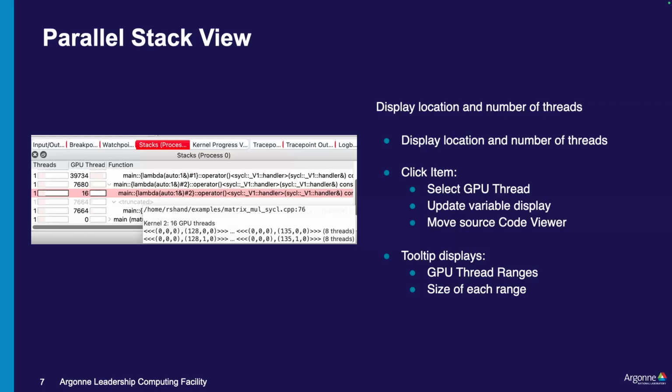We've gone to another one which is running 7,600 threads. Because we stepped one of these threads, those 16 are stepped in lockstep, so we can see that there's a deviation in the code. So we know where all the threads are, and we can also look at the GPU thread ranges as well as the size of each range.